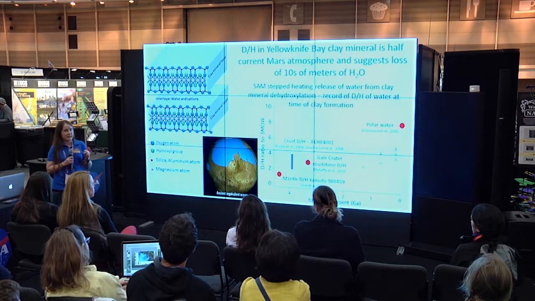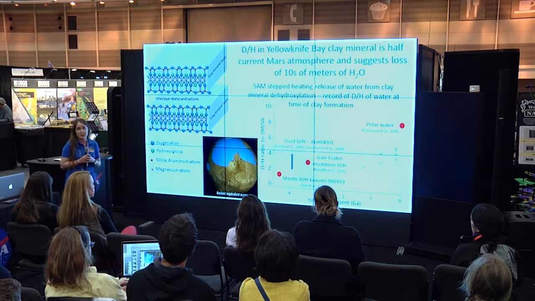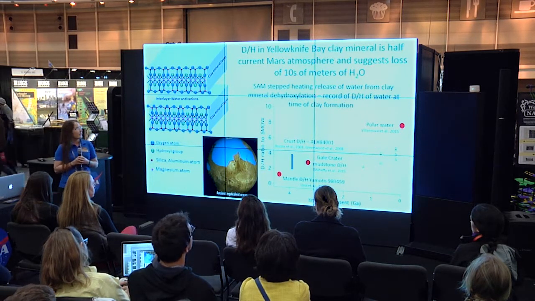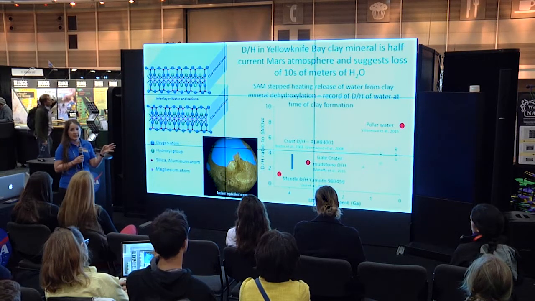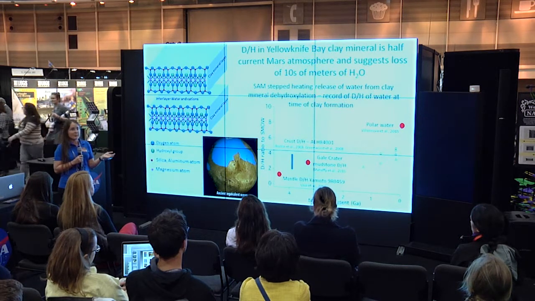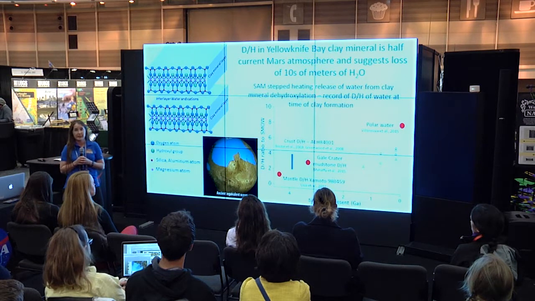A little background: clay minerals have an OH group in their structure, which is evolved at high temperatures as water. And so SAM performed a specific stepped heating experiment to target this high temperature water evolution. The reason was because this will represent the D to H, or deuterium to hydrogen ratio, of the water that the clay mineral formed in 3.5 billion years ago.